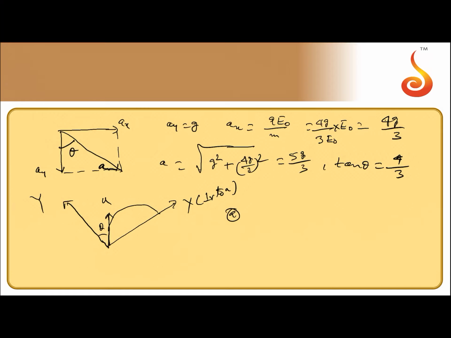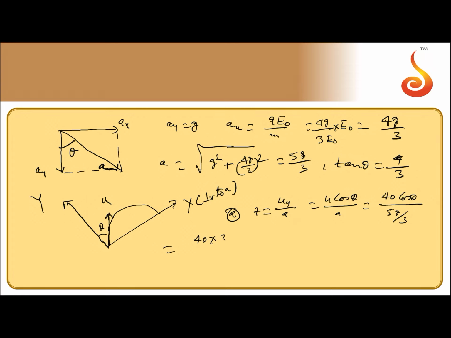So part A of the question. T is uy by a, that is u cos theta by a. This is 40 cos theta by 5g by 3.